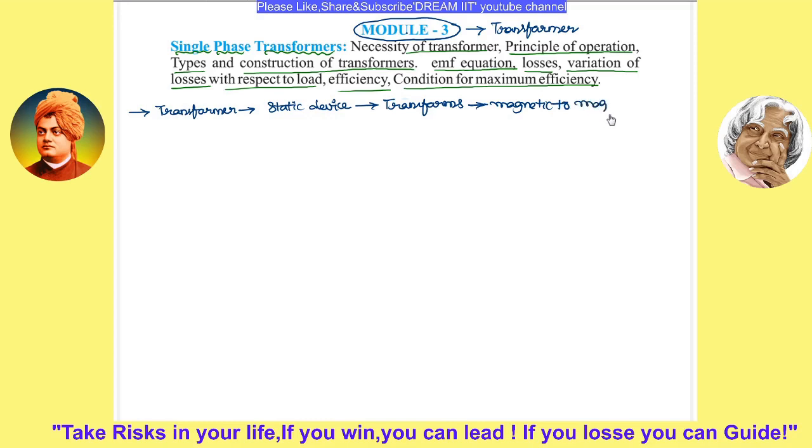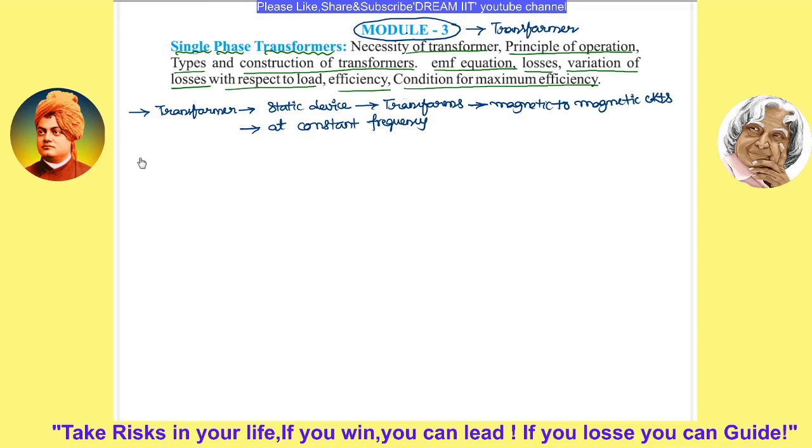The device which transforms the power from one magnetic circuit to another magnetic circuit, and one more condition is there, at constant frequency. You have to remember that this function is done at constant frequency. That type of machine we can call the transformer.